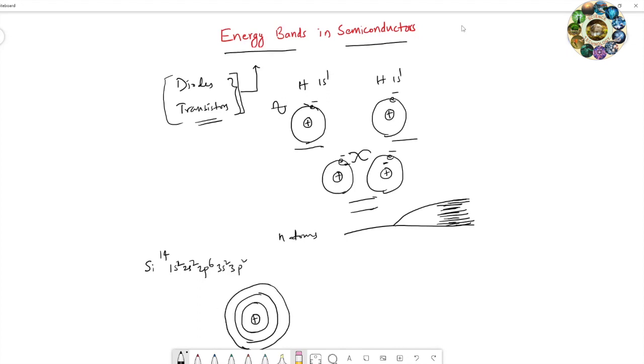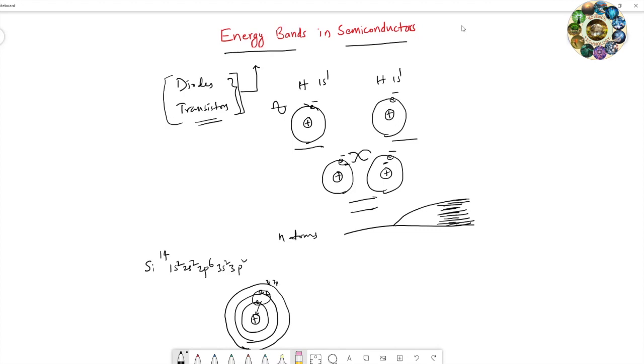The electrons in 1s, 2s and 2p are closer to the nucleus and more bound to it compared to the electrons in 3s and 3p.